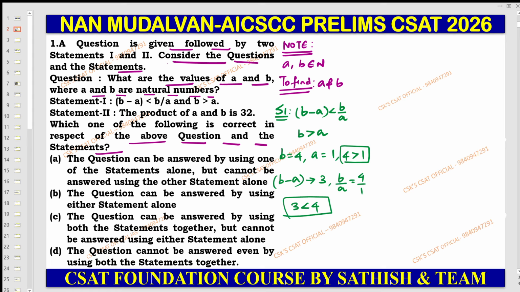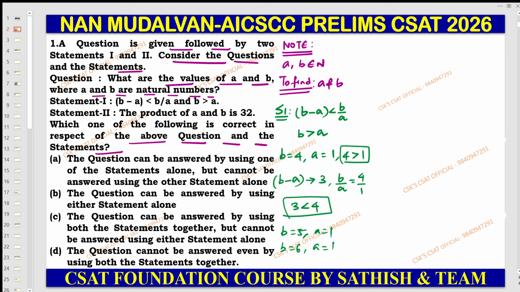With b value 4 and a value 1, can you say this is the answer? No. We have to check all the possibilities. Suppose you take b equal to 5, a equal to 1, then it also satisfies the condition. Suppose you take b equal to 6, a equal to 1, then it also satisfies the conditions.